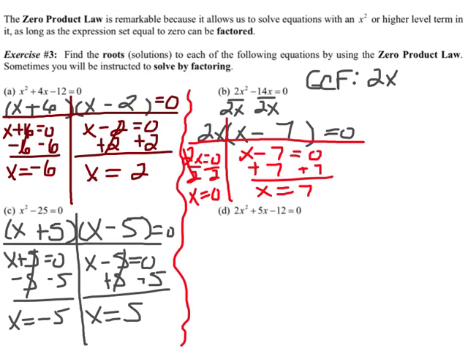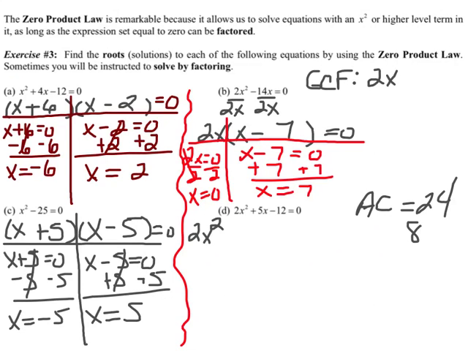D is going to be our hardest one. There is no GCF, so I have to use the AC method. So don't forget, my AC will give me 2 times 12 will equal 24. So I'm going to rewrite the beginning, 2x squared. Now I'm going to ask myself, what times what gives me 24 and subtracts to give me 5?